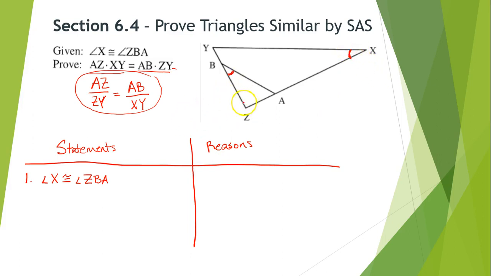Well, there is one other angle that they have in common that is congruent to itself, so write that down too. Say angle Z is congruent to angle Z. Oh, we need to write given. Well, we know angle Z is congruent to angle Z because, well, it is, and that is using the reflexive property. Remember, reflexive property states the obvious.